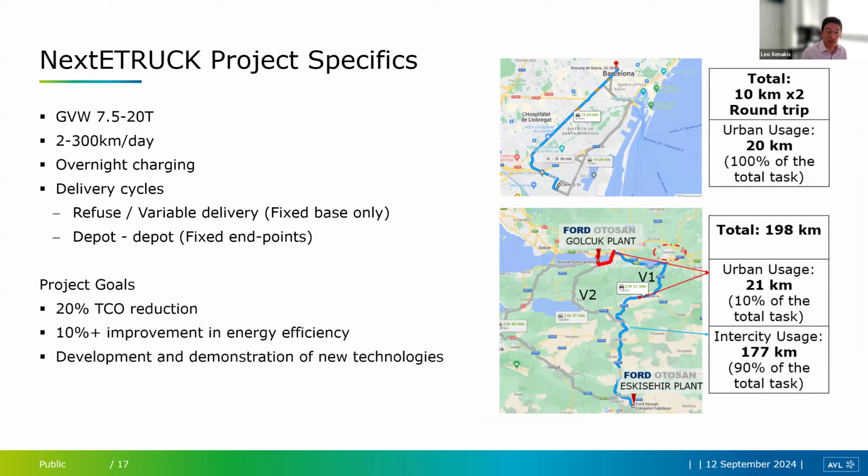And the routes, and these are the sort of project goals. It should be noted here that the energy efficiency overall is not just for the vehicle itself, but for everything. So it includes things like being able to charge at more efficient times, for example, more slowly. This counts towards the energy efficiency.